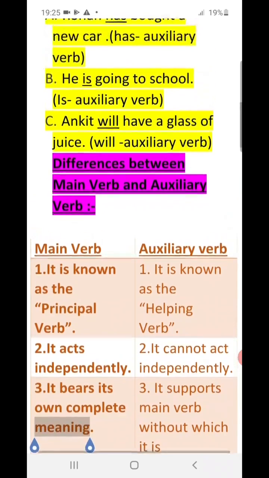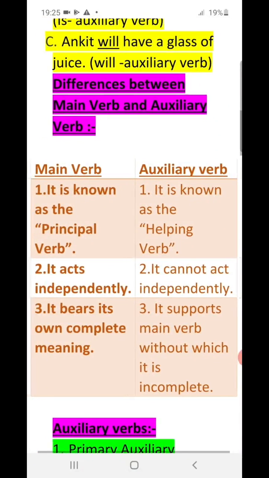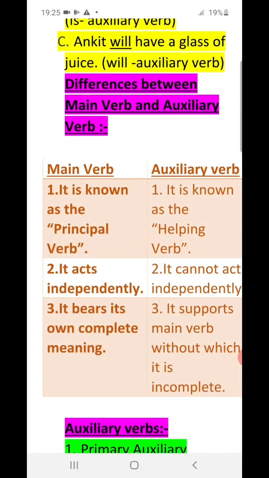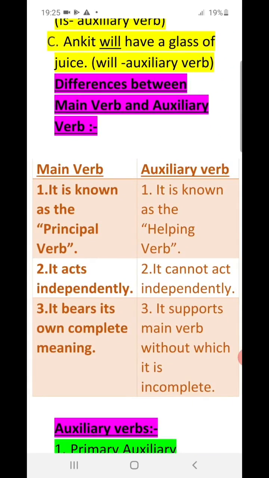Next, number 3, it bears its own complete meaning. Means main verb bears its own complete meaning. Whereas in case of the auxiliary verb, it supports main verb, without which it is incomplete.